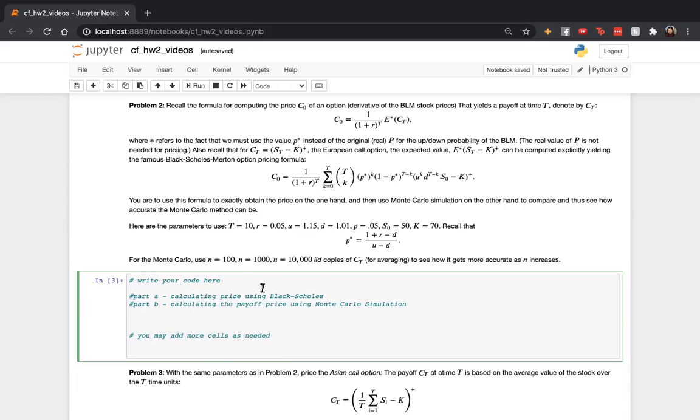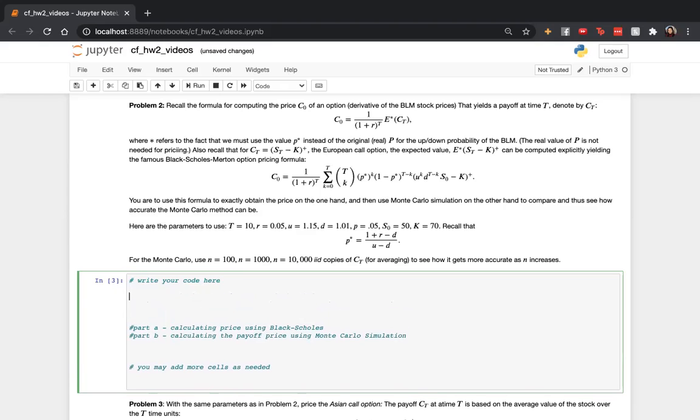This set price that we set is called the strike price, and the strike price is represented by K in these formulas.